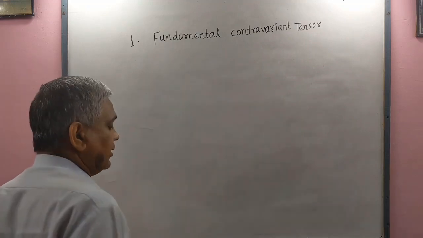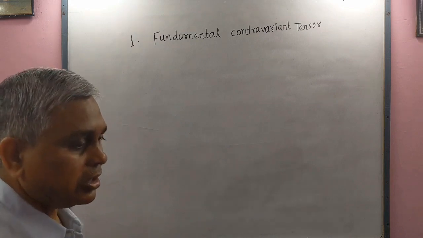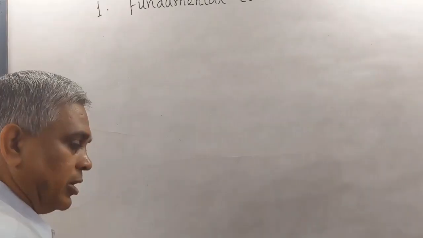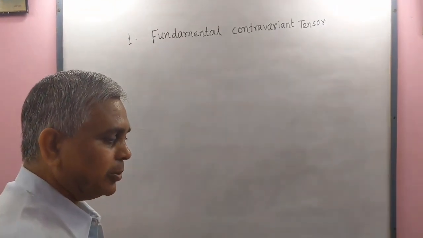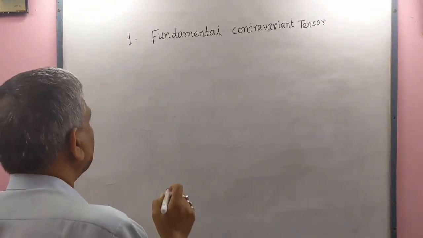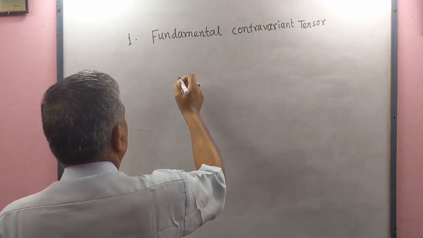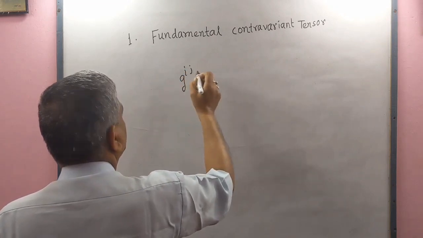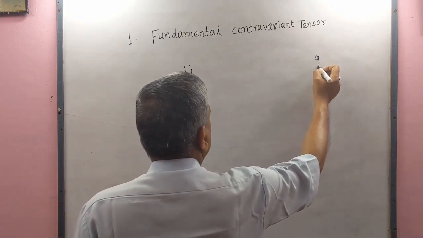Fundamental contravariant tensor is conjugate of metric tensor. As we know the property of conjugate, this Gij is the conjugate of Gij.